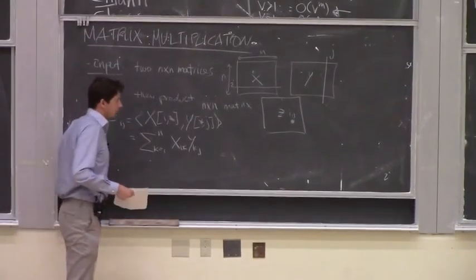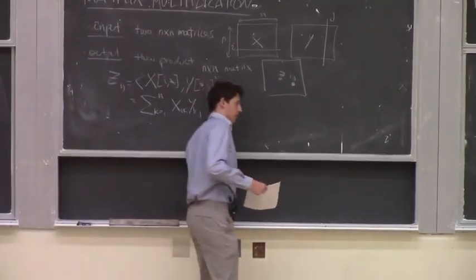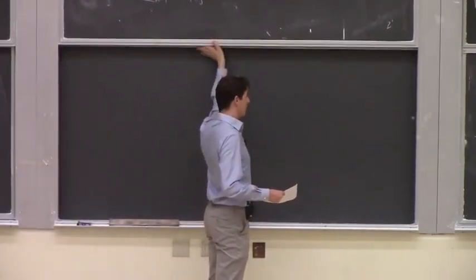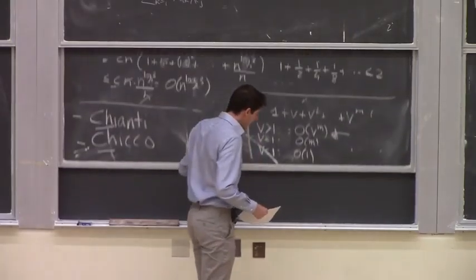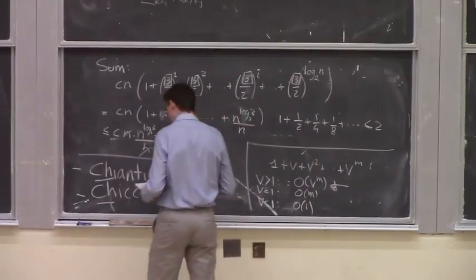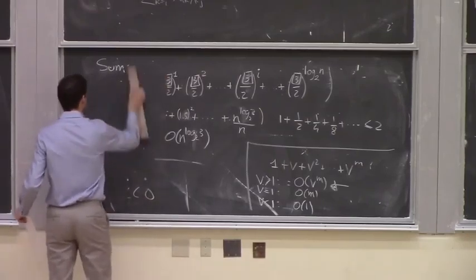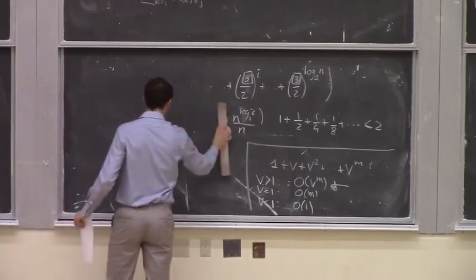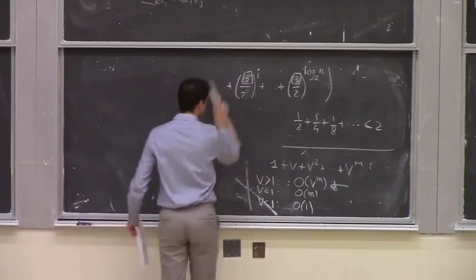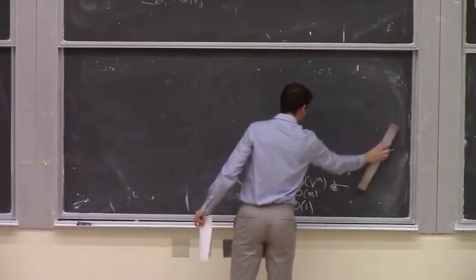Now, there is a trivial or straightforward algorithm to multiply the matrices. Can anybody say how much it costs? What's the straightforward algorithm?